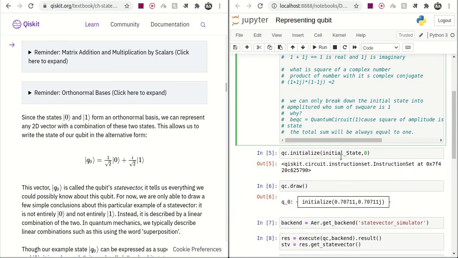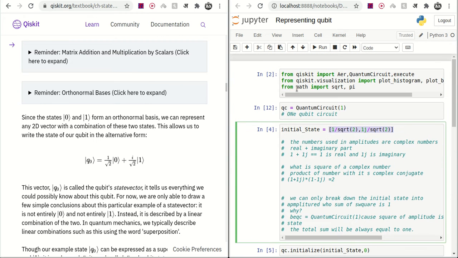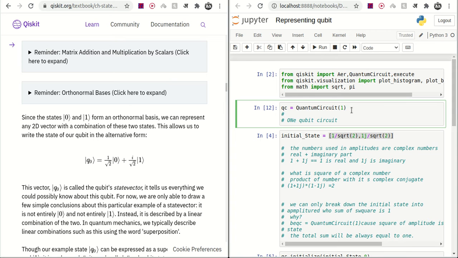Now we have initialized the bit in the state of 1 plus 0j, comma, 0 plus 0j. So this is the 0 state, the default 0 state.